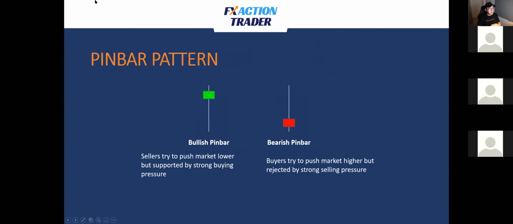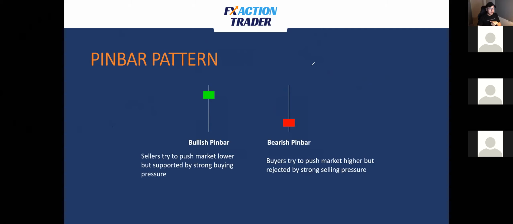The next pattern is the pin bar pattern. This pin bar pattern is also one of my favorite patterns. It is a very logical way to trade.